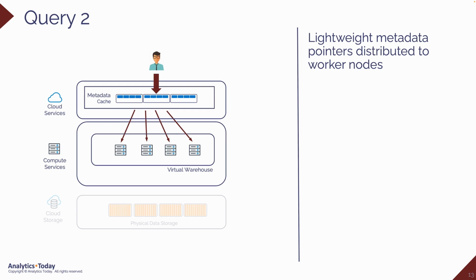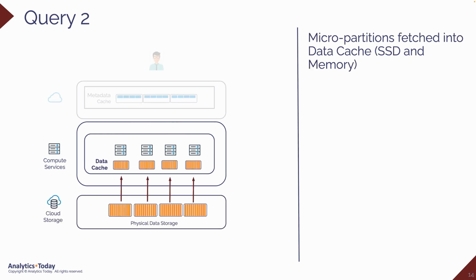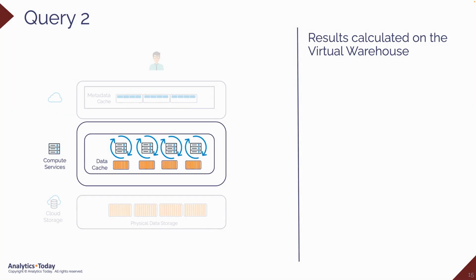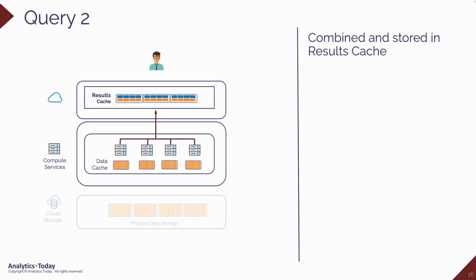The candidate micropartition metadata is distributed across all the available worker nodes. Each of those will fetch the data in parallel. Because the warehouse is just being resumed, it'll fetch data from physical storage into SSD, where the results will be calculated and sent back to the user via the results cache.